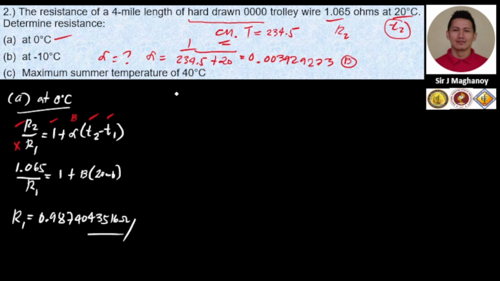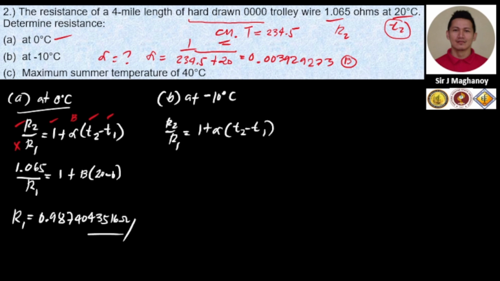Okay, moving on to letter B at -10 degrees Celsius. Okay, let's recall our formula again. We have R2 over R1 is equal to 1 plus the temperature coefficient times the final temperature minus the initial temperature.